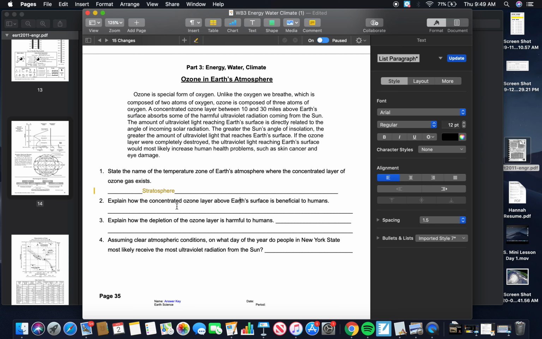Okay, next question. Explain how the concentrated ozone layer above Earth's surface is beneficial to humans. This we spoke about in class, but we'll just remind ourselves that ozone blocks harmful UV radiation.